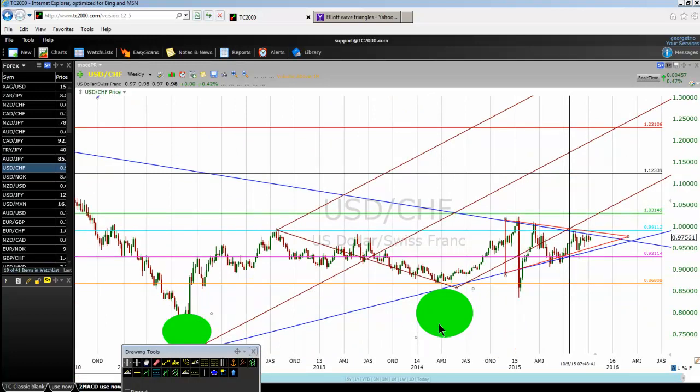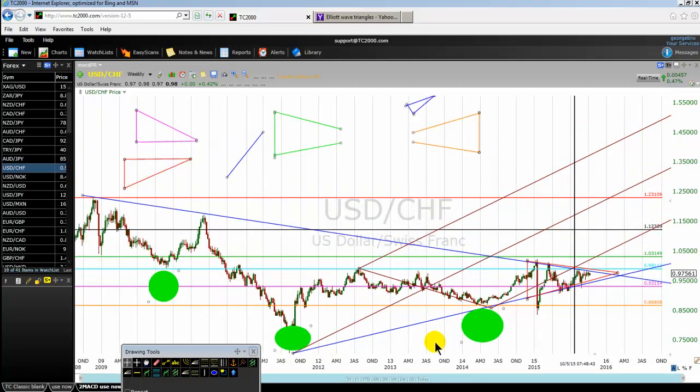So we know the triangles are corrective patterns. Talking about the theory, you are likely to see an Elliott wave corrective triangle during the 4th Elliott wave. So when you are thinking of an Elliott wave corrective triangle, think of the 4th wave.